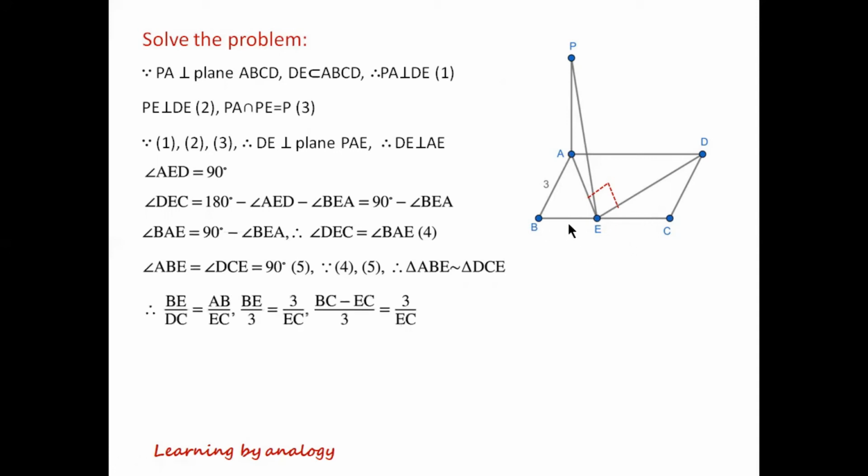So BE over DC equals AB over EC. BE over 3 equals 3 over EC. BC minus EC over 3 equals 3 over EC.